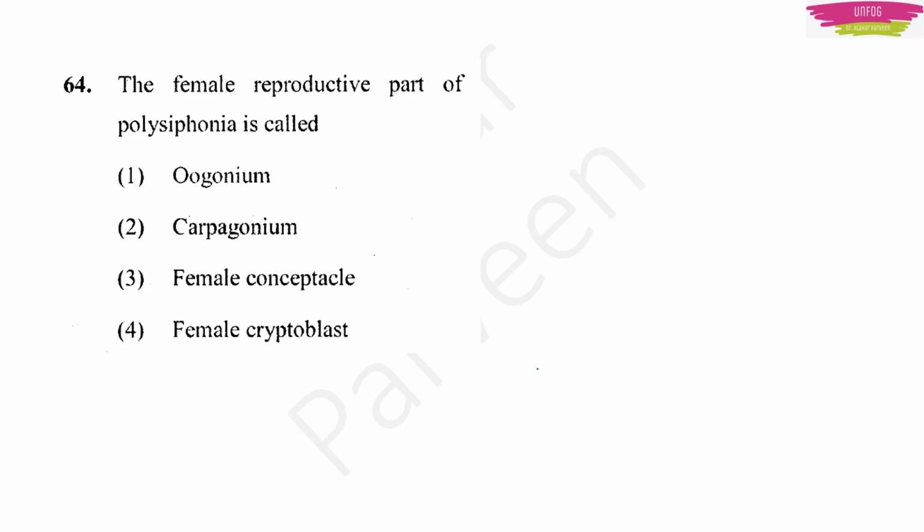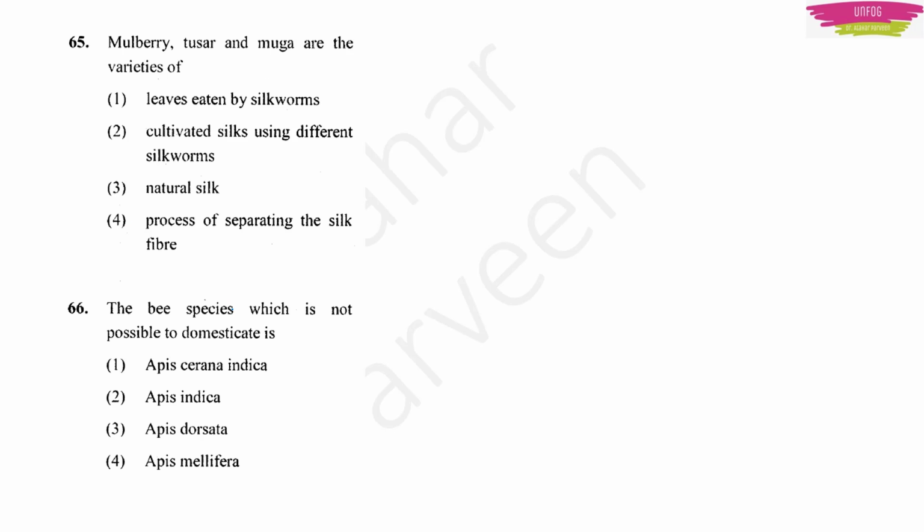Next question. The female reproductive part of Polysiphonia is called as option 1 Oogonium, option 2 Carpogonium, option 3 female conceptacle, and option 4 cryptoblast. The answer is option number 2. Carpogonium is the female reproductive part of the Polysiphonia. Next, the mulberry, tussar, and muga are the varieties of.